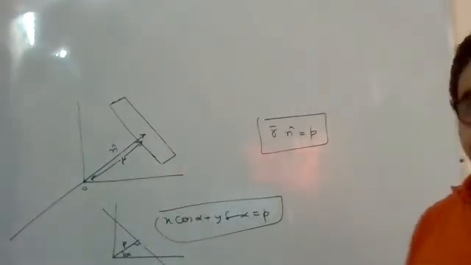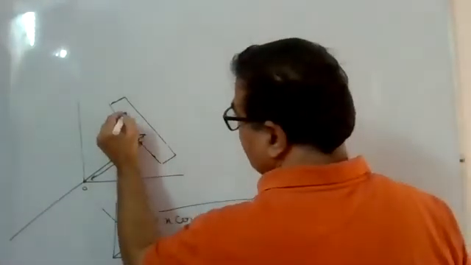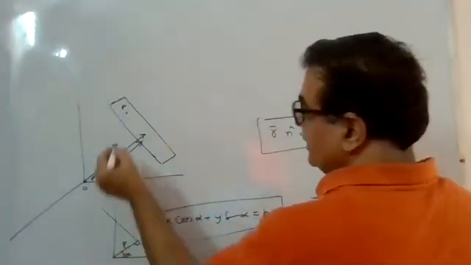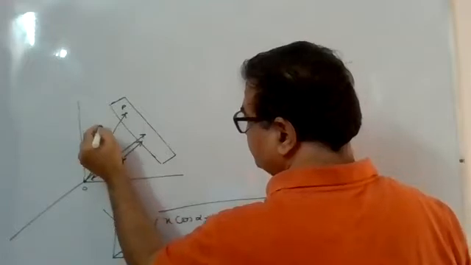We have to derive this. So how do we do it? Just check here. First I'll take a general point P. Let the position vector of this be given as r vector.